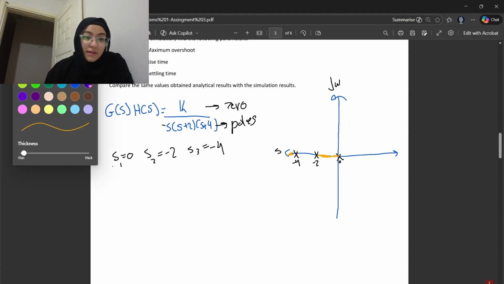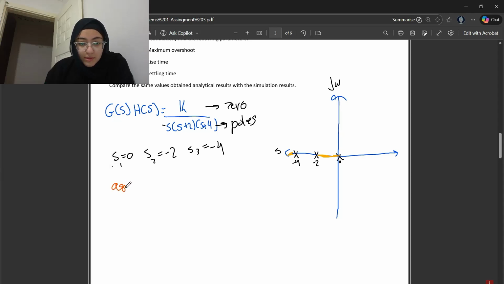We need to find the number of branches, so it's 3. Then we need to find the asymptotes. The number of asymptotes is n minus m, the number of poles minus the number of zeros, which is 3.